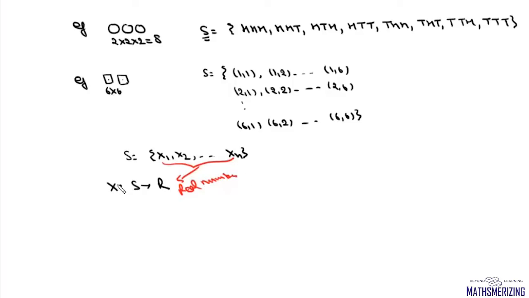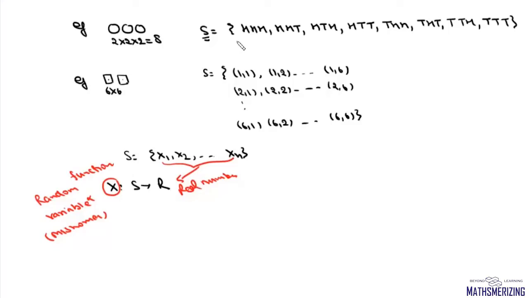So basically this term random variable is a misnomer because it is not a variable, it is actually a function. So a random variable is actually a function which associates sample points to some real number.